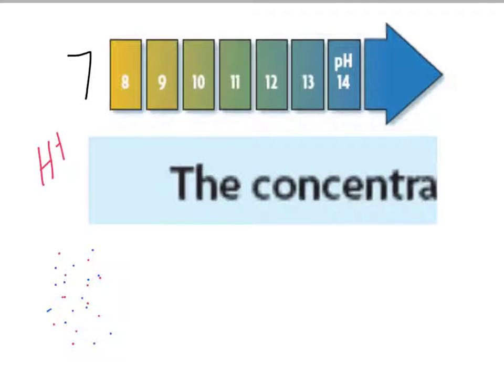And with bases, the further away you go from 7 to a higher number, the fewer hydrogen ions and more and more hydroxide ions you get, until you get basically all hydroxide at a pH of 14, and increasing concentrations on the way to 14.